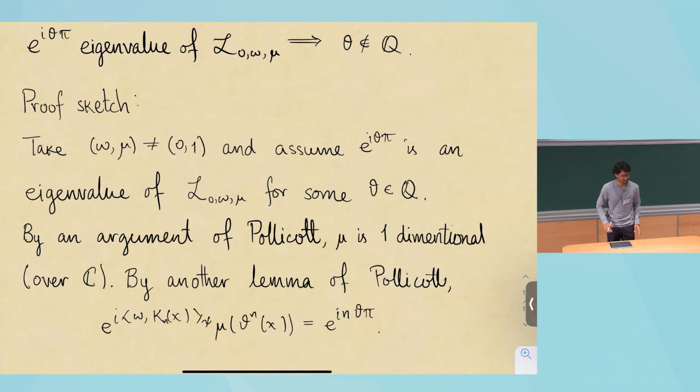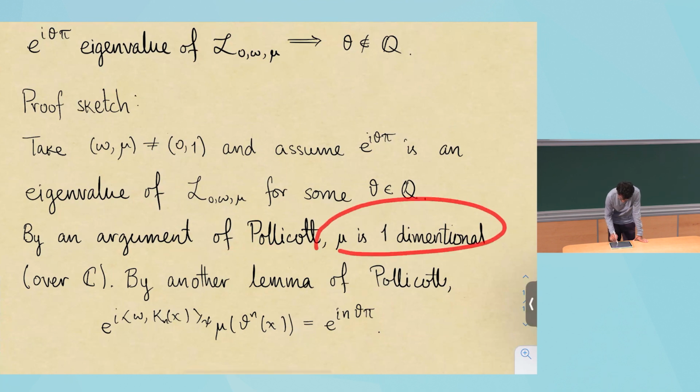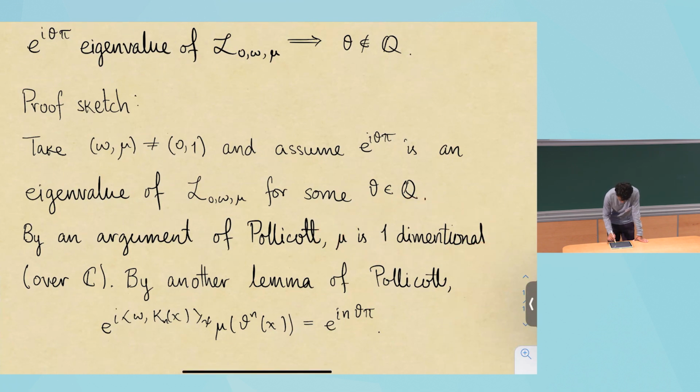I guess I'm almost out of time. The proof sketch is, there are arguments in thermodynamic formalism which we use. Generalizing some argument of Pollicott, you first rule out the higher dimensions of mu. This is a proof by contradiction.